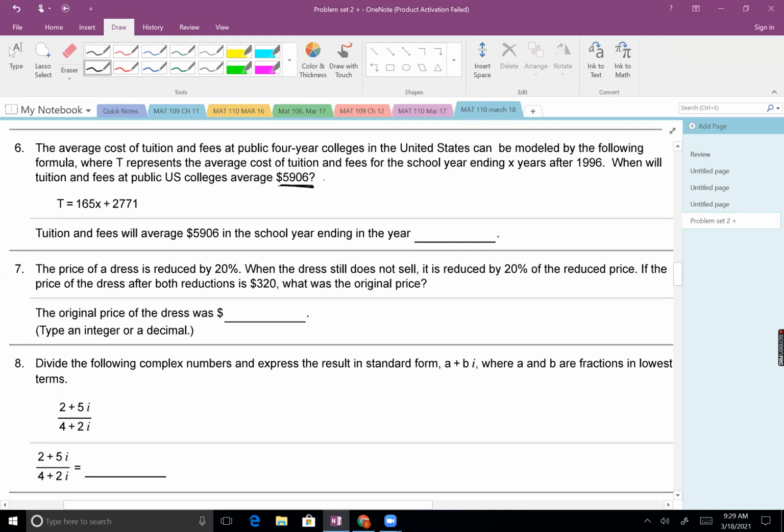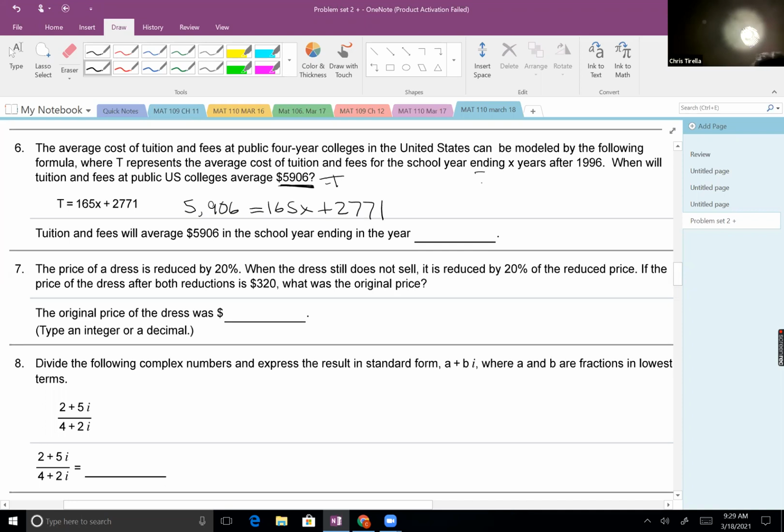T. So when we put that in for T, we get 5,906 equals 165x plus 2,771. And now that we have that equation, hopefully everybody's comfortable solving it.